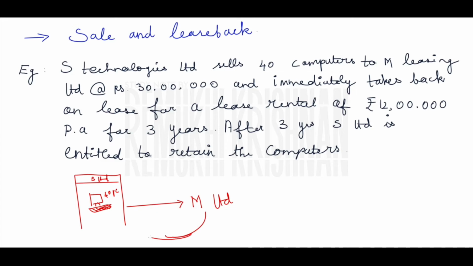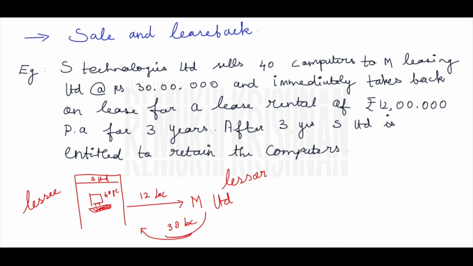So by paying rupees 30 lakh, M Limited now owns these computers. Very, very important thing, possession: the possession of the computers is going to remain with the lessee, that is S Technologies Limited in this example, and the lessee continues to use the asset for 3 years.